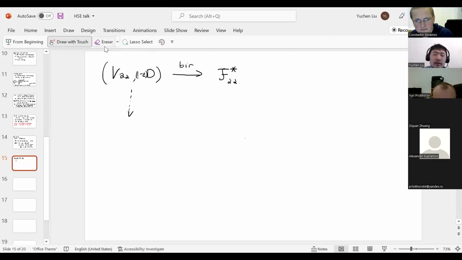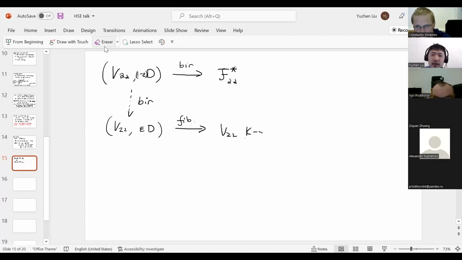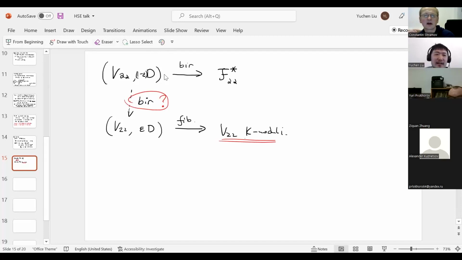So now you have a birational, most likely a birational contraction, although we don't know yet, to the K-moduli of V22 with epsilon D. And then this will be a morphism, a fibration over the V22 K-moduli. So if you can understand this part, which we do not know what this is, then hopefully you can understand this. Does that make sense?